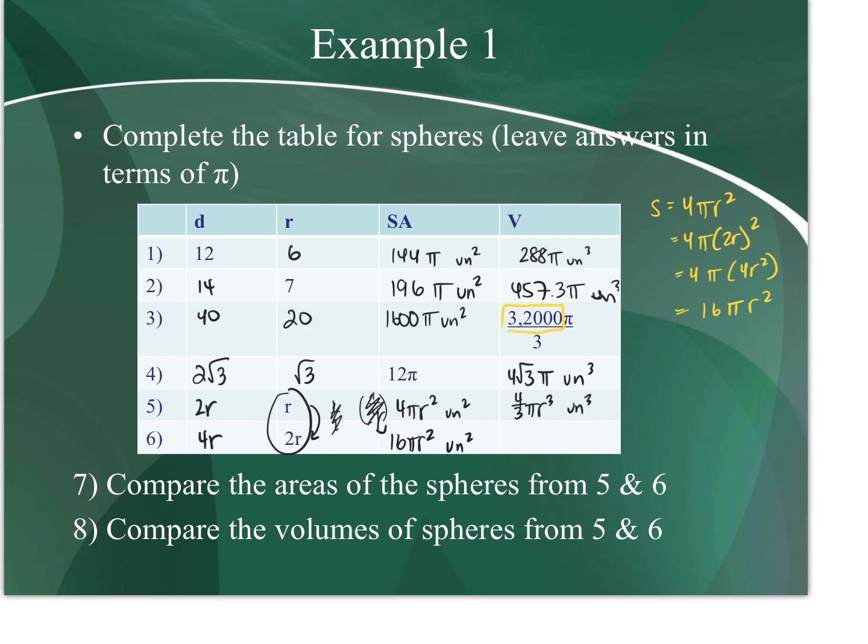And I imagine the volume is going to have a similar relationship. So let's try the volume. It's going to be 4/3 pi, and then I'm going to have 2r cubed here. So it's going to be 4/3 times pi times 8r cubed over 1.